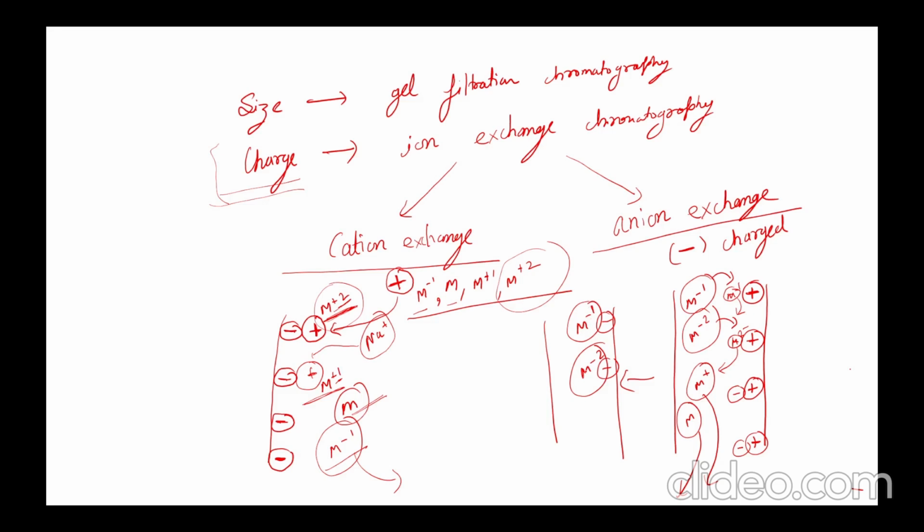Now in order to separate these you will increase the salt concentration, where here your salt will be chloride ion, so they will compete with and replace these charged proteins, and they will come out in the elution. So that is how cation and anion exchange chromatography works.